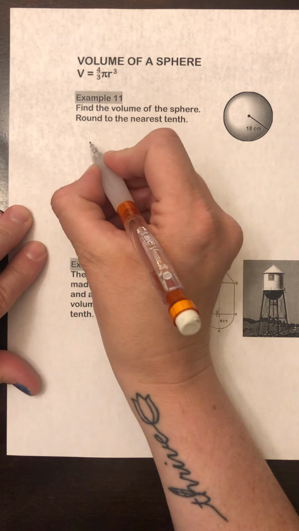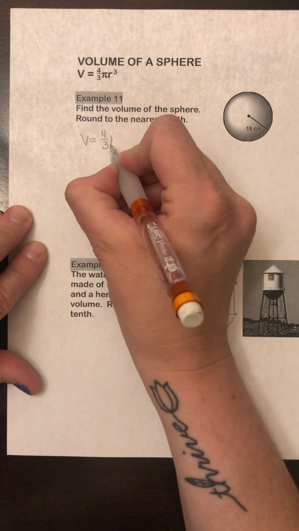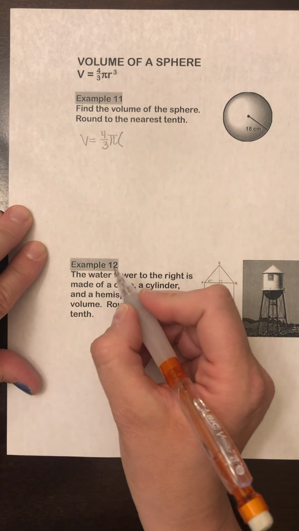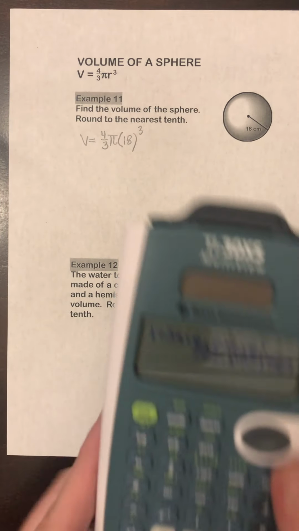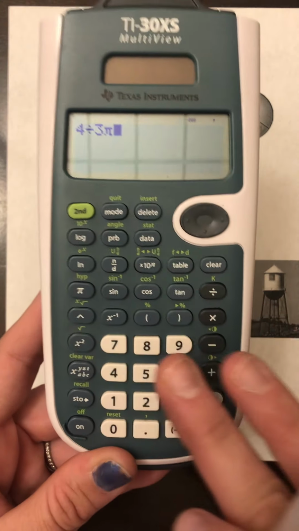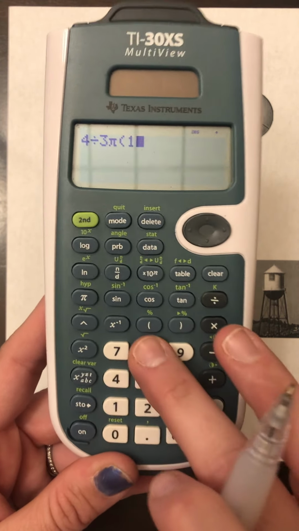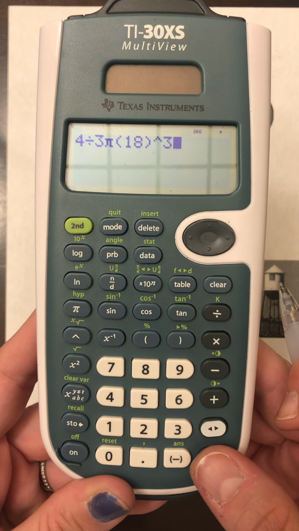So find the volume of the sphere. So I got 4/3 pi r. What's the radius? It's 18. And we're going to cube it. And we're going to use a calculator. So 4/3 pi r, so 18 cubed. So we're raising it to the 3rd power.